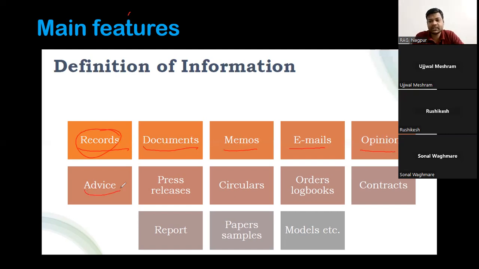If someone has given some advice to the government or in parliament, you can ask for that. Press releases are a type of information. Circulars are a type of information. The logbooks, contracts, reports, paper samples, models, all these come under the purview of information.